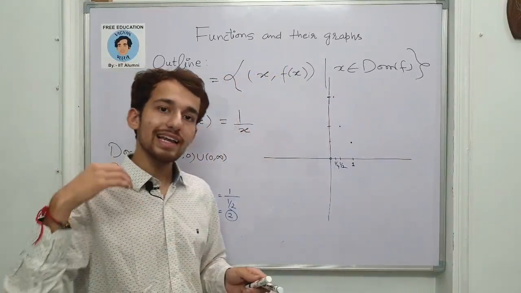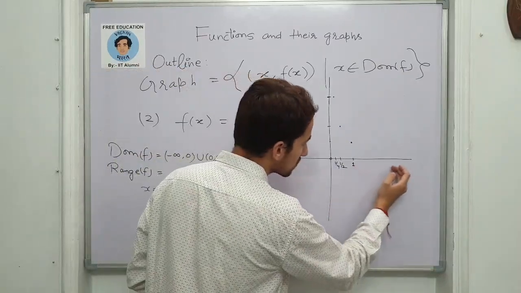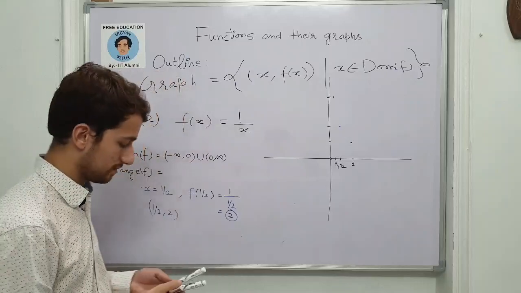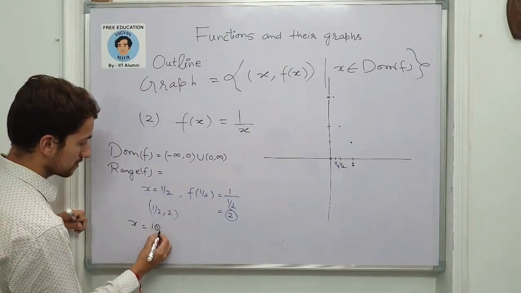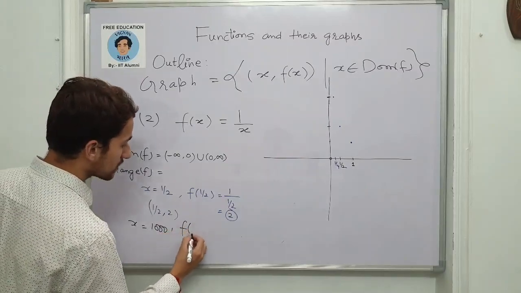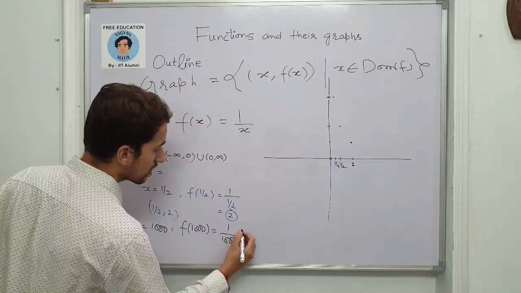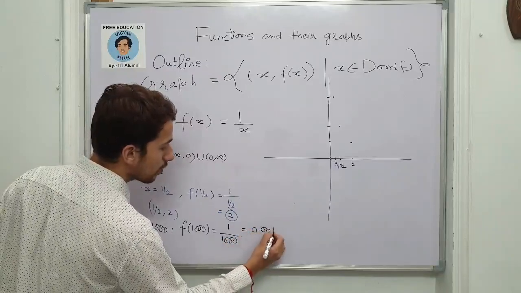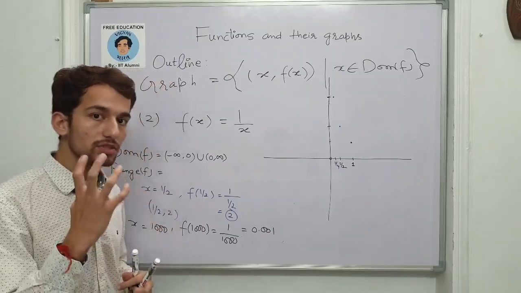Now choose a very large value. Suppose I ask you to choose the value 1000. Then f of 1000 is 1 by 1000, which is 0.001. Make an observation, a good observation.